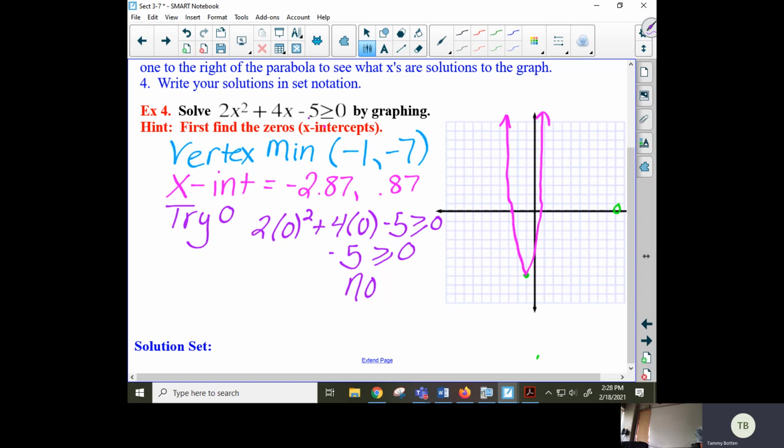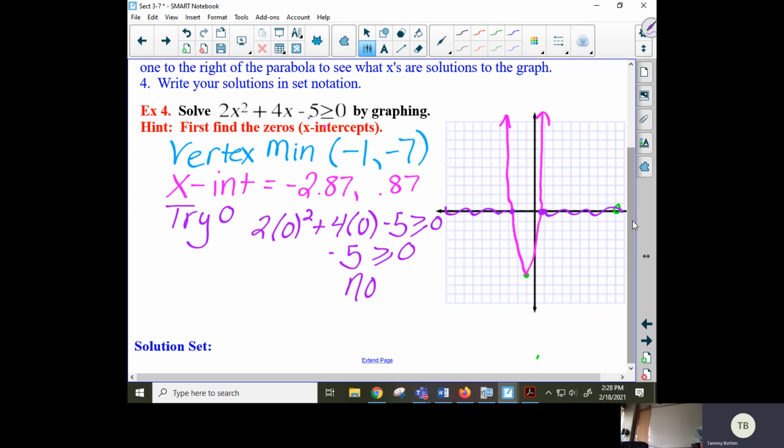So do you guys get that it would be shaded here and here? Okay, and you'd have a closed circle here and a closed circle there. Do you get why they're closed? It is because of this. Now this goes back to what Logan was saying. He said, when you go to say what x's it works for, you'd have two different things, okay?